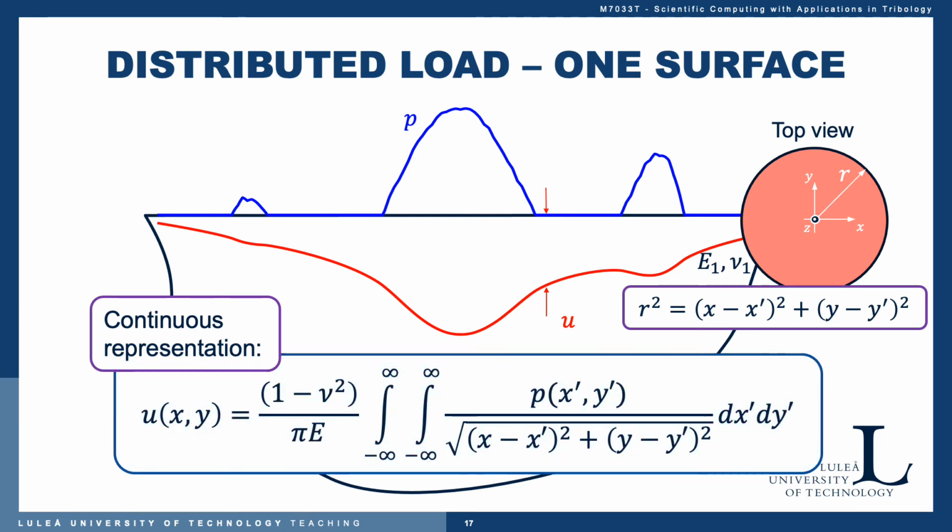And it tells us that the deformation in point x, y is a result from the pressure acting in all the points all over this half space, and those are denoted by x prime and y prime, and the contribution from each pressure in x prime, y prime points coming from the ratio between the pressure itself and the distance between this point x prime and y prime to the point x and y, where we are measuring the deformation.